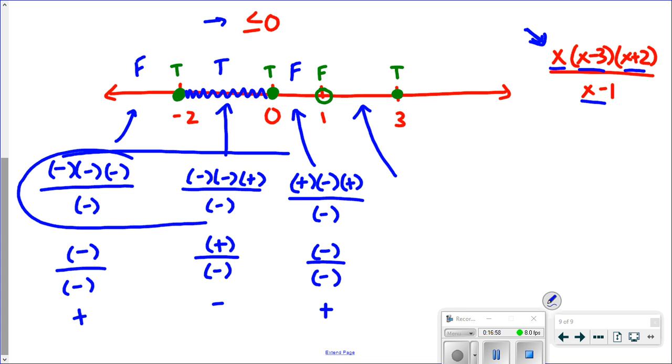Okay, so between 1 and 3, I can plug in 2. So positive, negative, positive, divided by positive. So then a negative divided by a positive is a negative. So that is true because a negative number is less than or equal to 0. And so I'm shaded here.